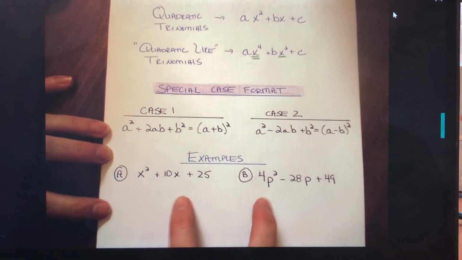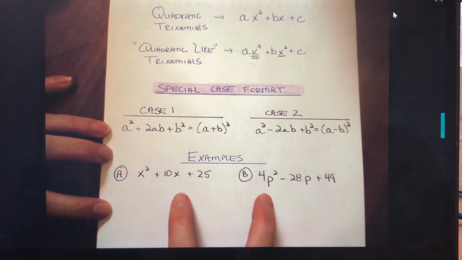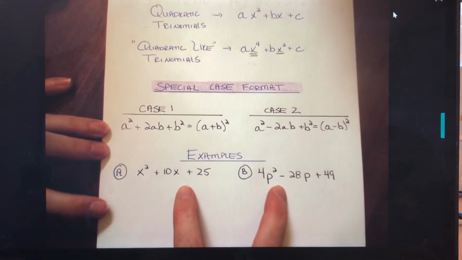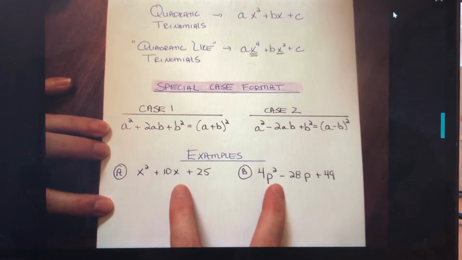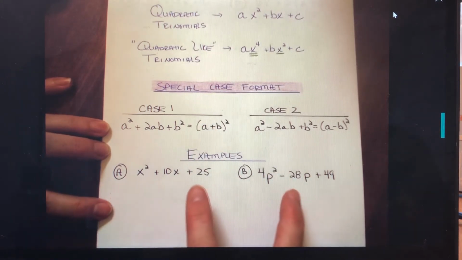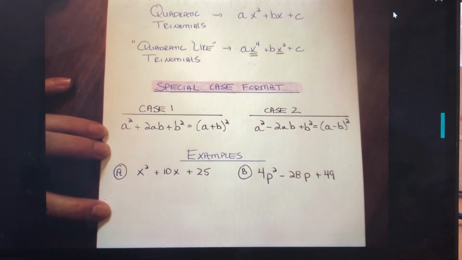So we would then move to the next step of factoring, which would say they're trinomials. And this is where you can make the decision to say, I wonder if they are perfect square trinomials. If they are, we can factor them using these formulas. If they're not, we'll use a traditional factoring technique like the AC method, or if it was a solve problem with an equal sign, we can use the quadratic formula if we wanted.